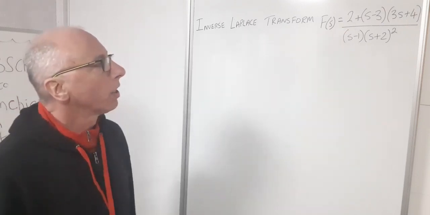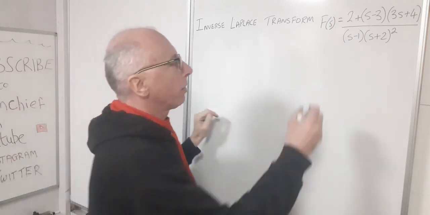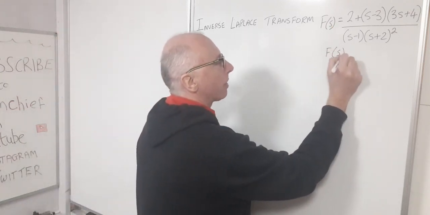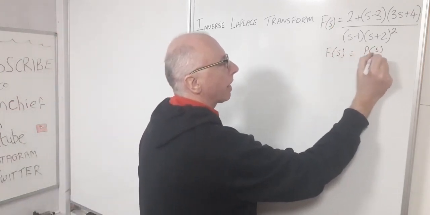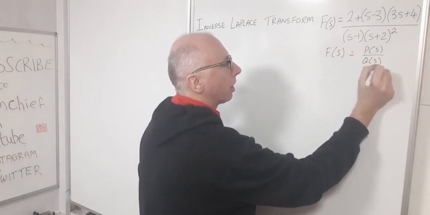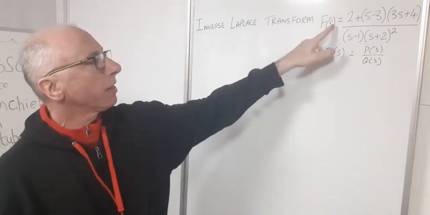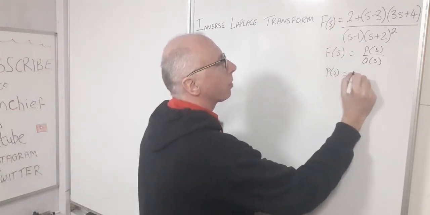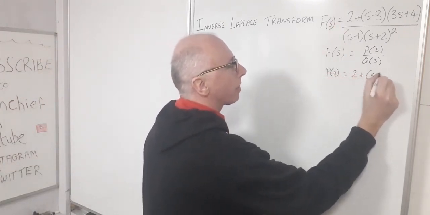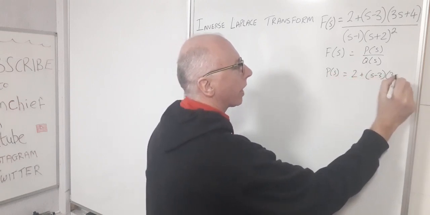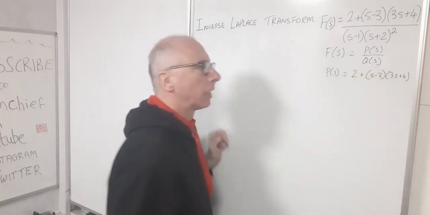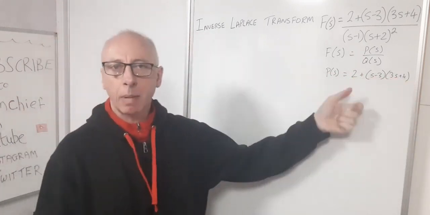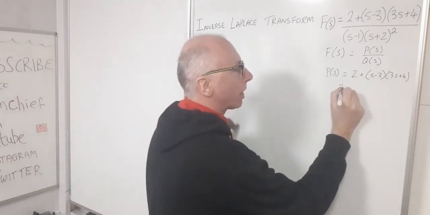So first of all, let's break down our F(s) into P(s) over Q(s). Now let's deal with this numerator. So P(s) equals (2 + s)(s - 3)(3s + 4). Okay, let's expand this out and find our quadratic term.